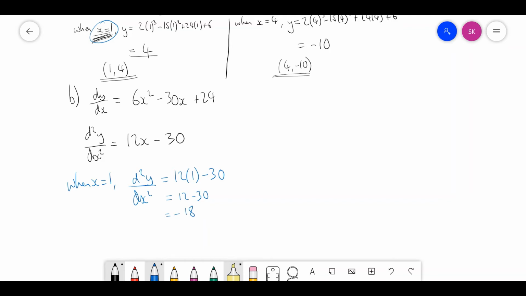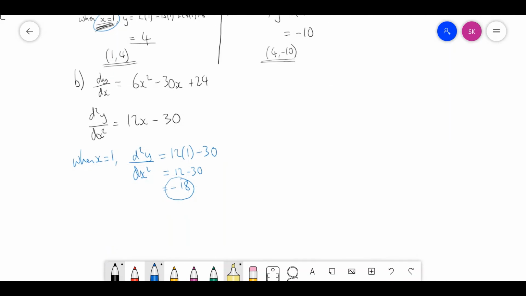What this means is the gradient is always decreasing. Because it's a negative number, it means the gradient is decreasing. So imagine a curve like this. In this situation, the gradient at this point starts off like that.